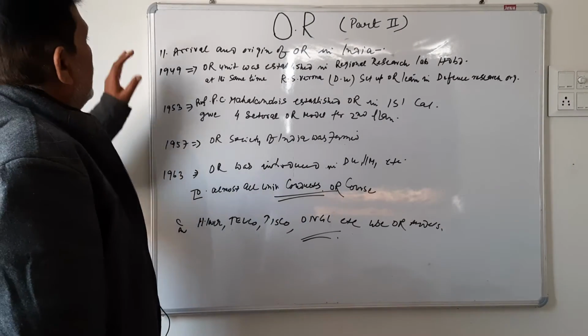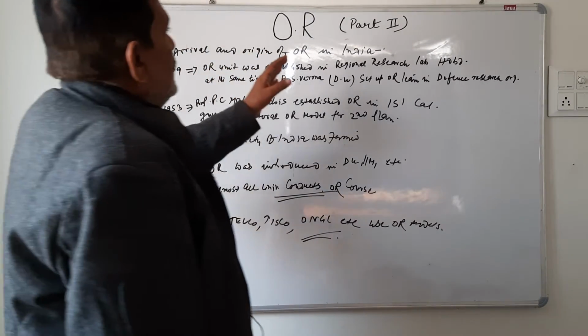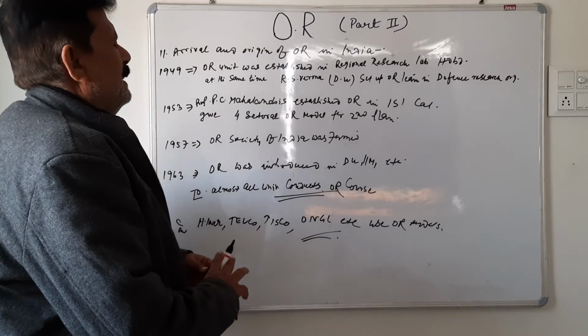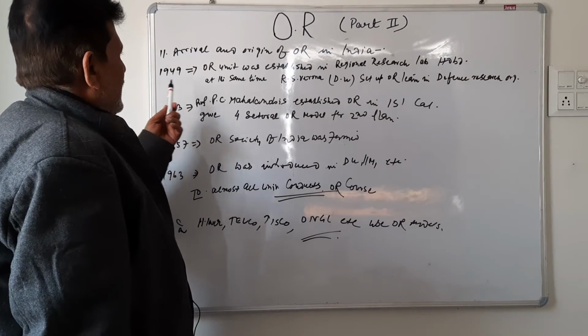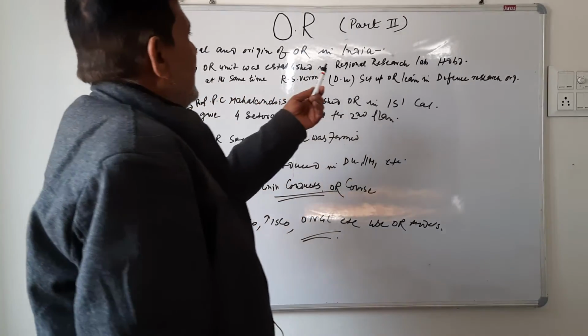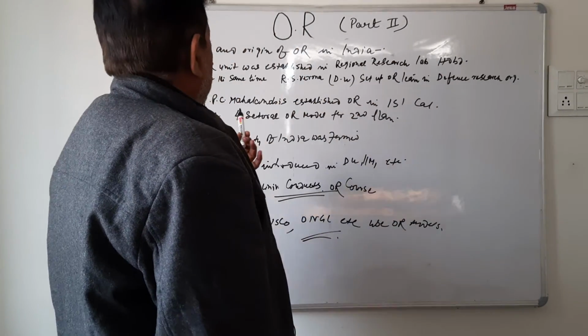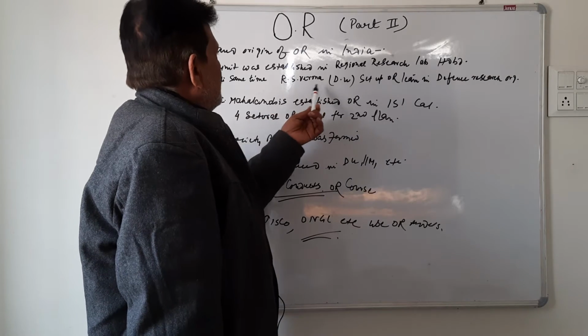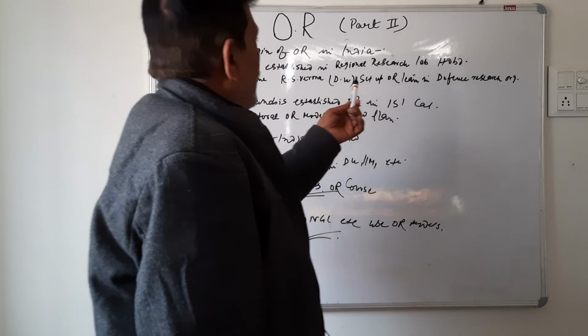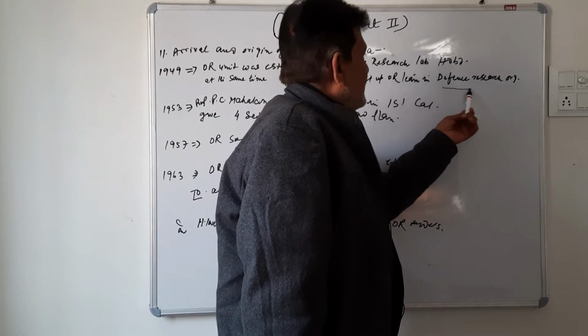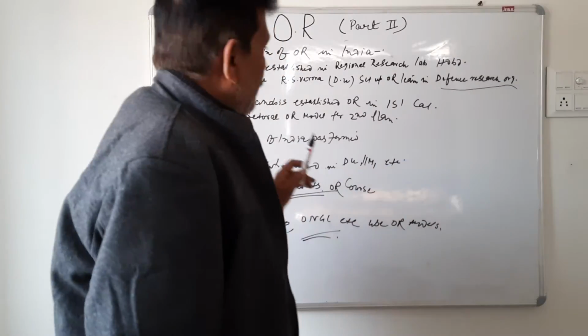And finally, the arrival and origin of OR in India. In 1949, an OR unit was established in the Regional Research Laboratory, Hyderabad. In the same year, R.S. Verma of Delhi University established an OR team in the Defense Research Organization.